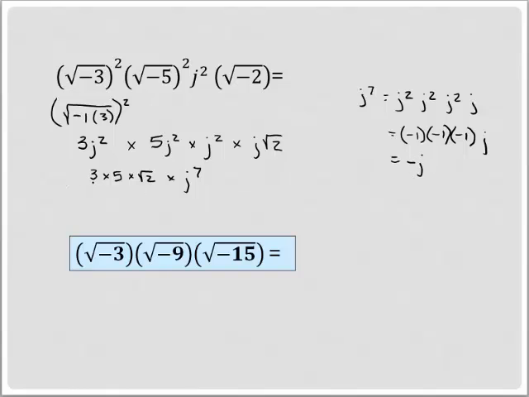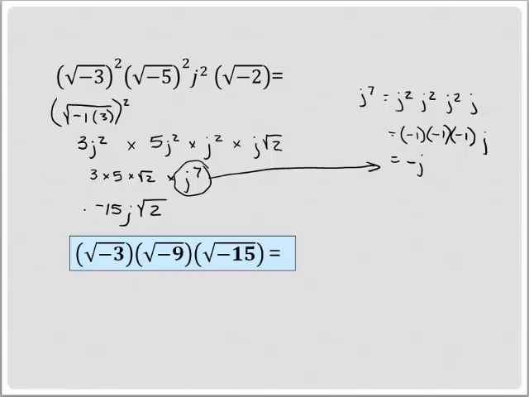Okay, so we're not quite done. Now that we know that j to the 7th is equal to negative j, 3 times 5 is 15. We're going to bring out the negative j. I'll put that negative right up here, and square root of 2.